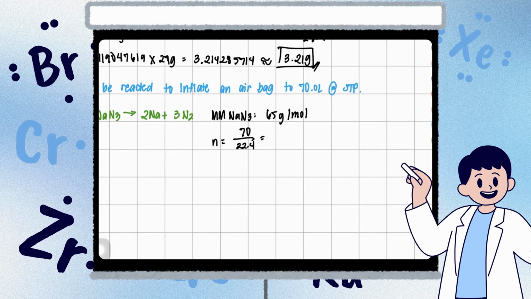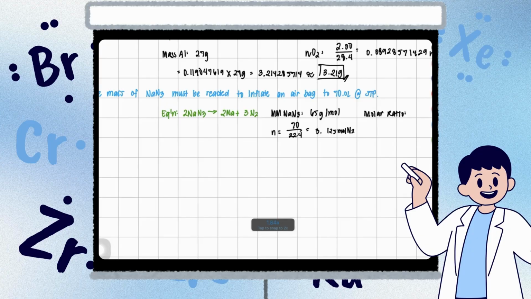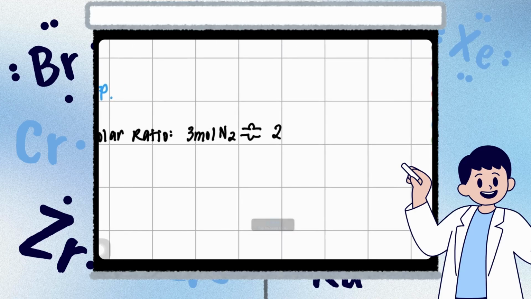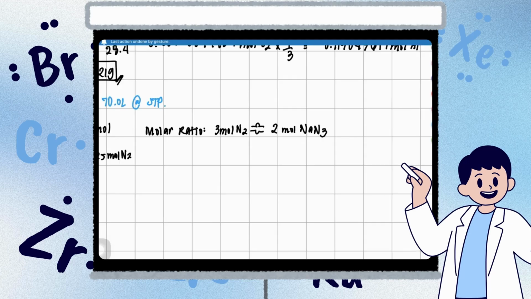So we will get 3.125 moles of N2. Our molar ratio for this equation is 3 moles of N2 in ratio with 2 moles of NaN3, so our ratio will be 2/3.